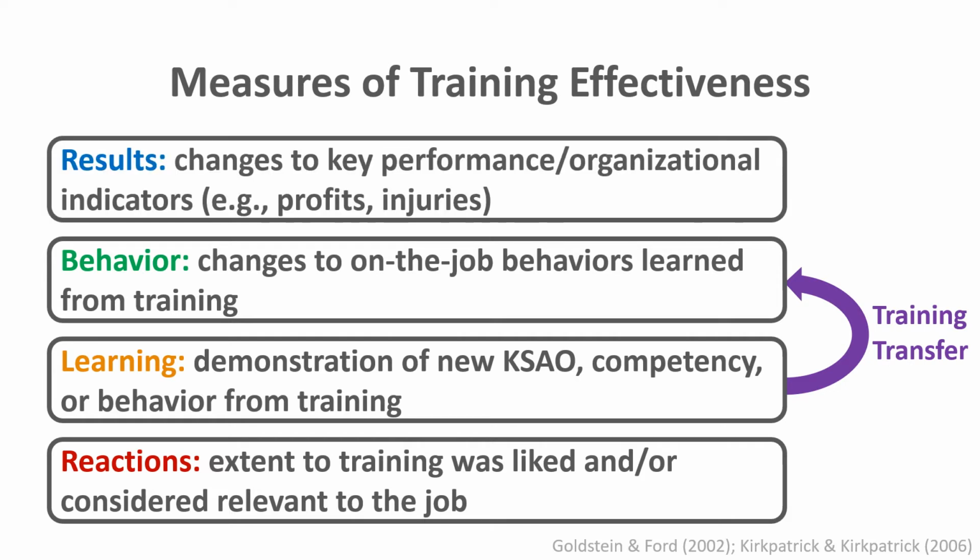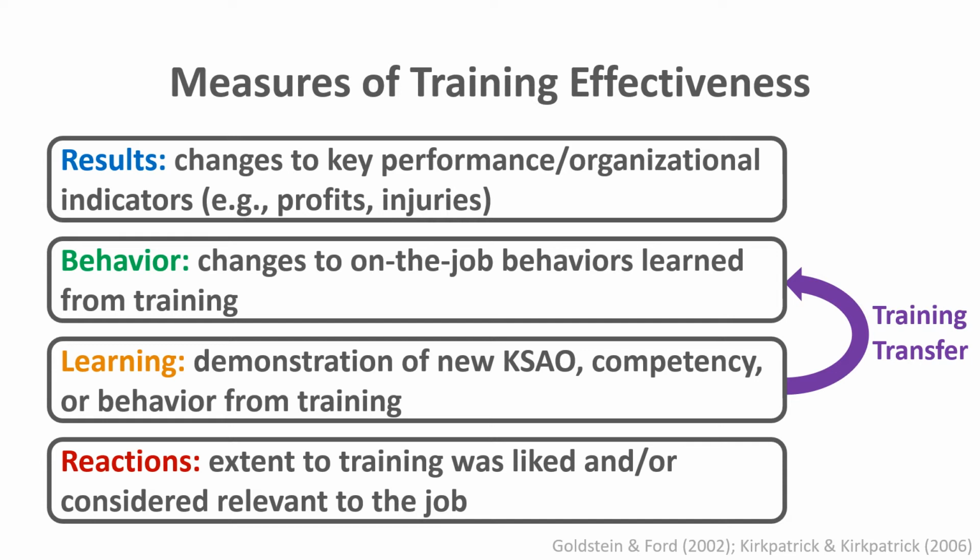Now, at the highest level, and what is perhaps most convincing to many different stakeholders within the organization, are results measures of training effectiveness. These tend to be most compelling for leaders of the organization, as they tend to be linked to changes in key performance indicators or key organizational indicators of performance.